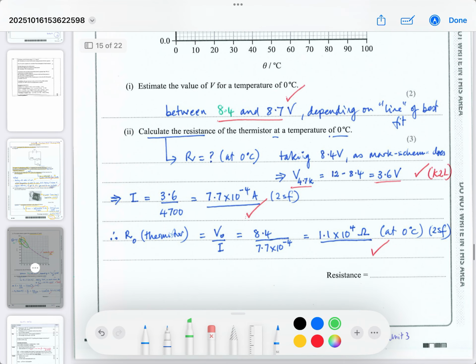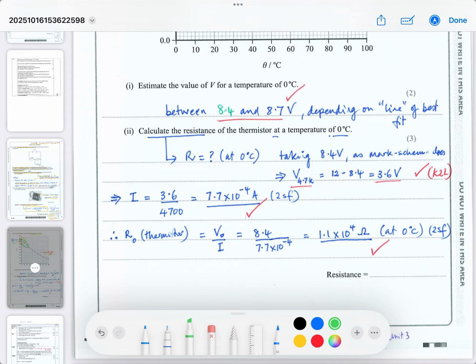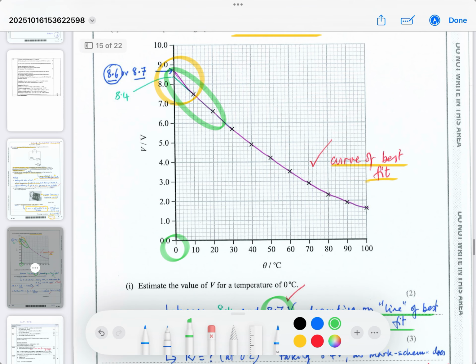So estimate the value of V for 0 degrees centigrade, which is what I've done. I'm saying any value between 8.4 and 8.7 should be correct based on my curve of best fit. They've called it the line of best fit. You'll see that the examiner wouldn't accept my value of 8.7 volts. But I don't think my curve of best fit is bad.